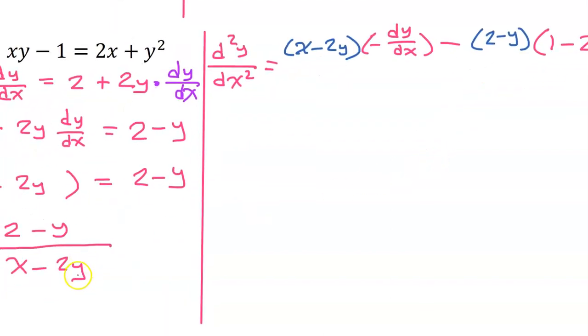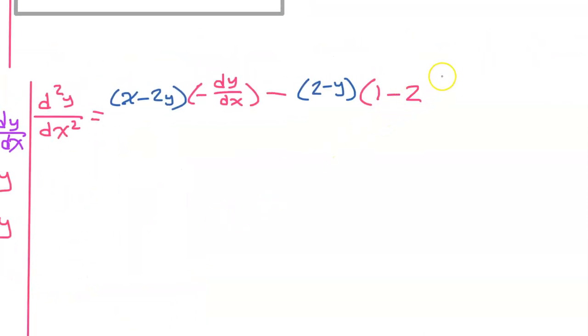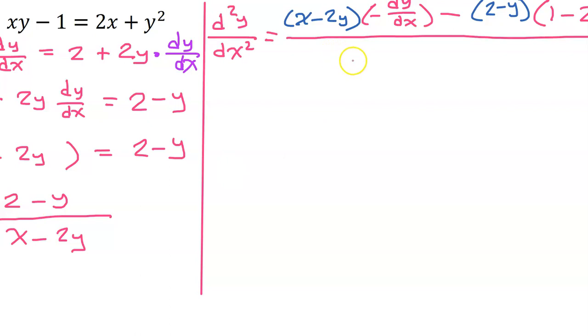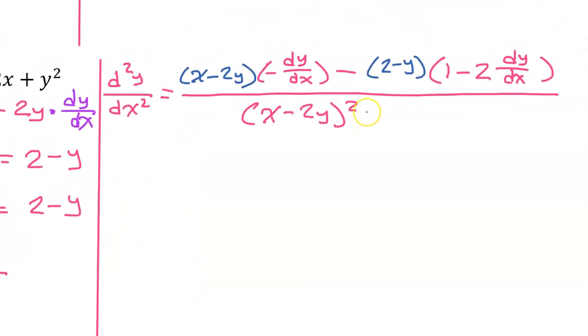But then the derivative of y is dy dx. So this is low d high less high d low. Draw the line. Down below, the bottom squared will go. So I have x minus 2y squared.